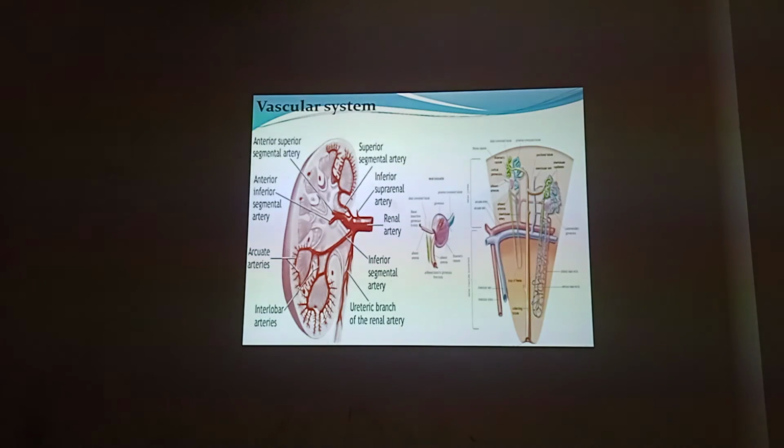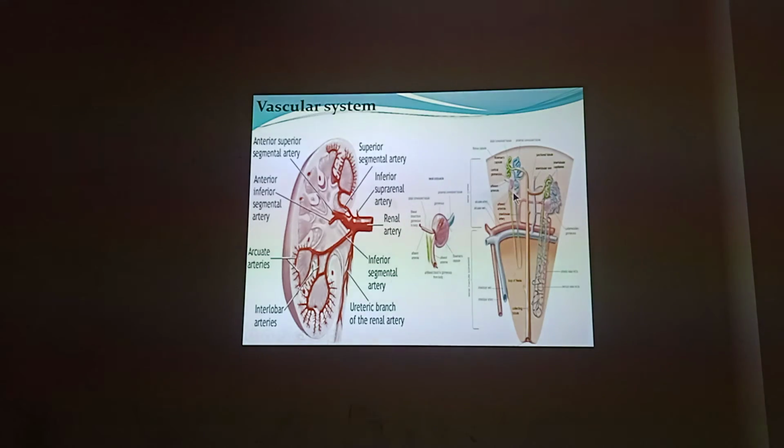When 2 capillary systems are connected by an artery or arteriole, then it is known as a portal arterial system, which is seen in the kidney, because the glomerular capillary and the peritubular capillary plexus are connected by the efferent arteriole.